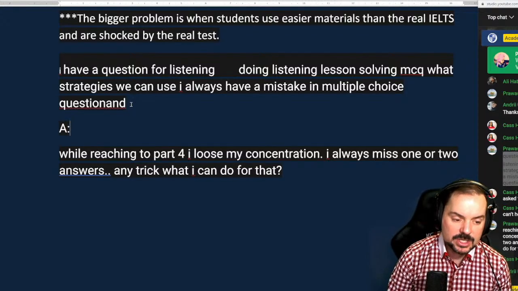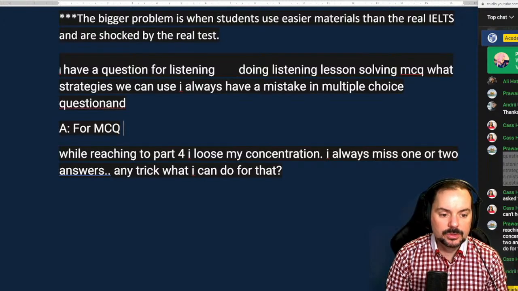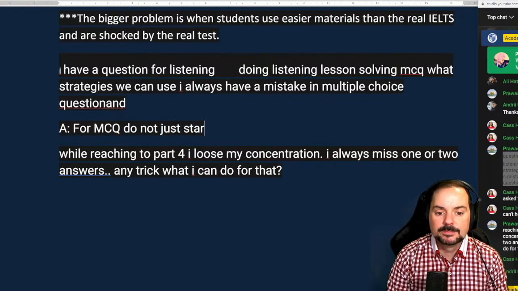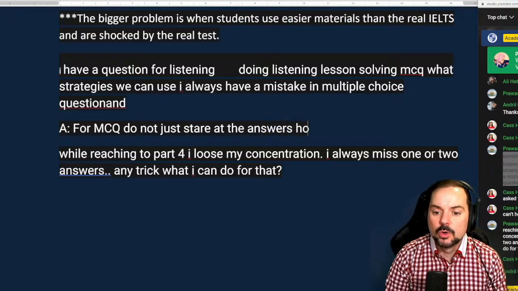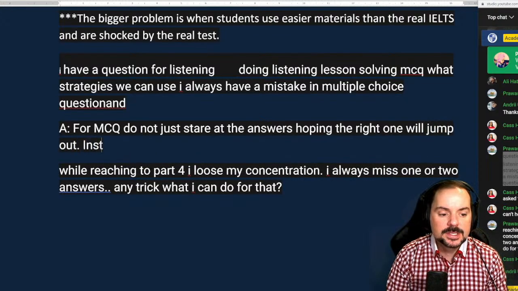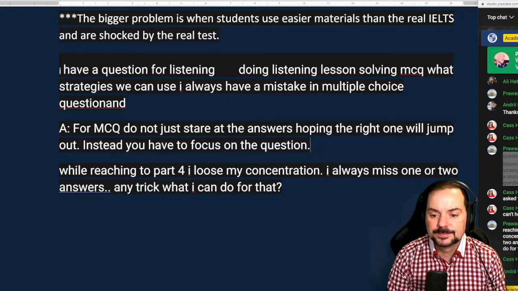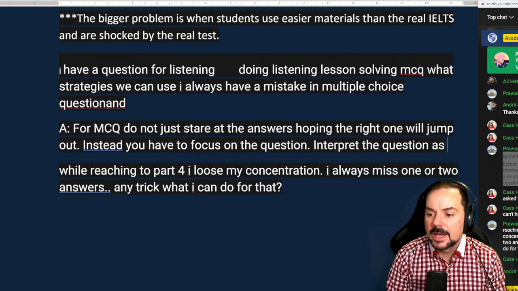For multiple choice questions, do not just stare at the answers hoping the right one will jump out. Instead, you have to focus on the question. Interpret the question as a statement.